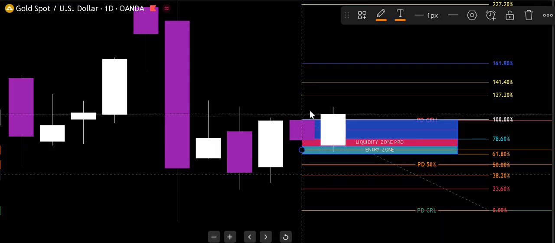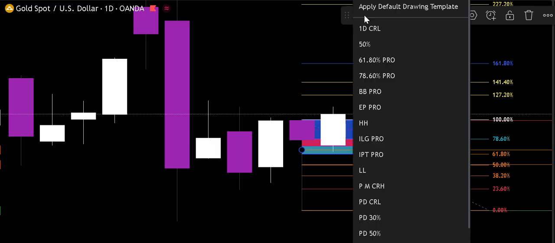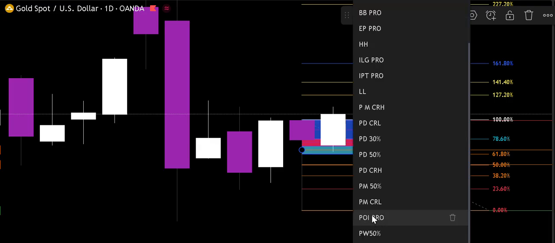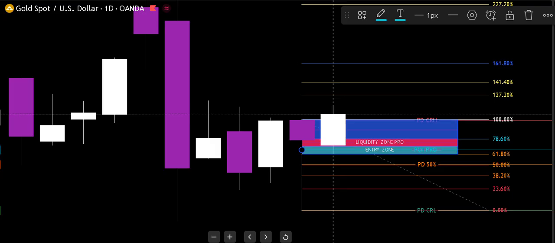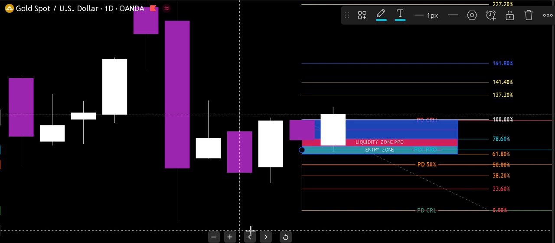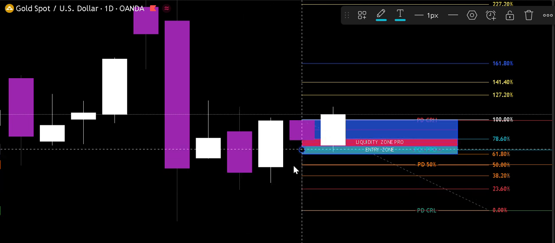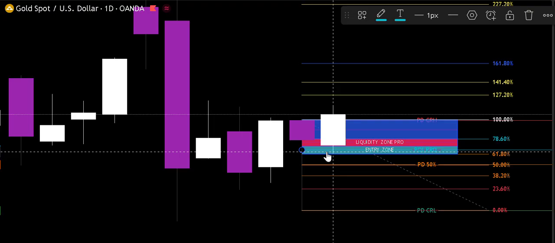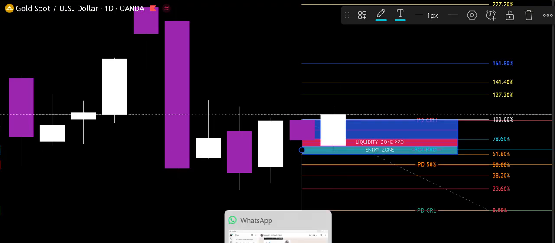This is what you call POI Pro. You want to trade like a pro, make sure that you have POI Pro, point of interest pro. Our point of interest is below the entry zone.